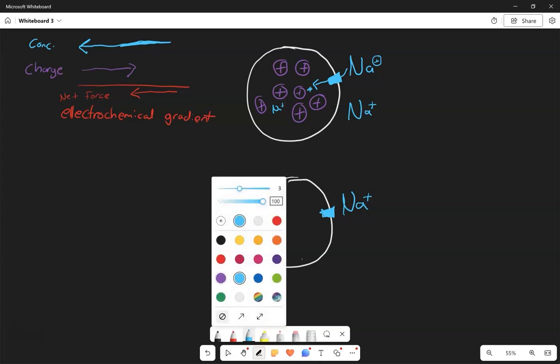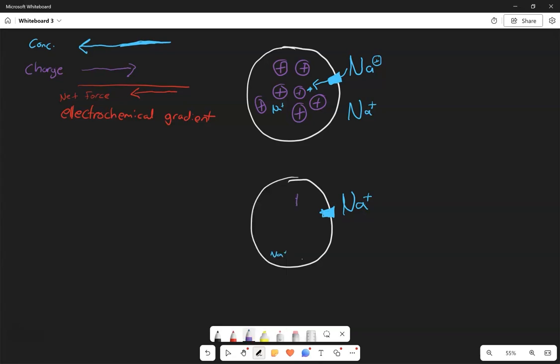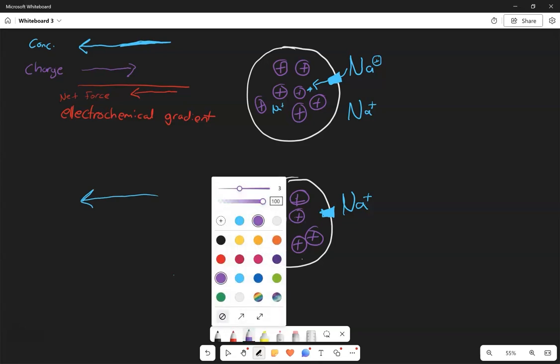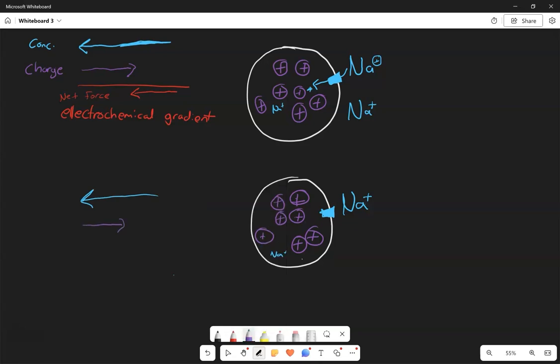And we will put the same amount of positively charged stuff on the inside, like so. Right? Now, our forces look like this again, for concentration versus the electrical gradient.